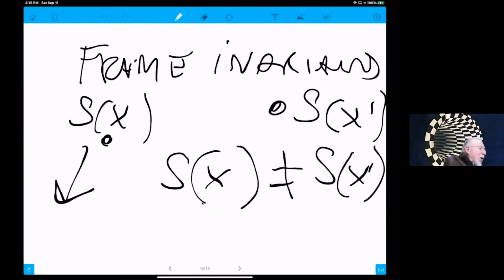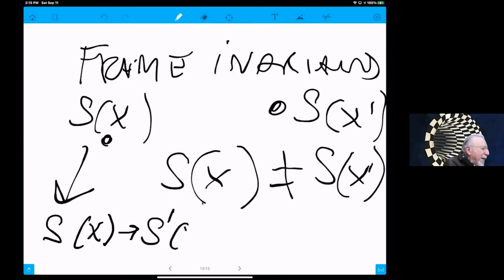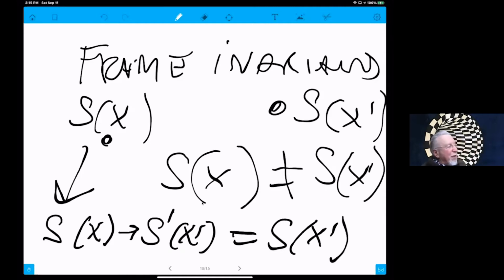But when Alice and Bob compute here, and they do a transformation, it's going to be S prime of X. I'm sorry, no. It's going to be a local transformation, S prime of X prime, which turns out is going to be S of X prime.